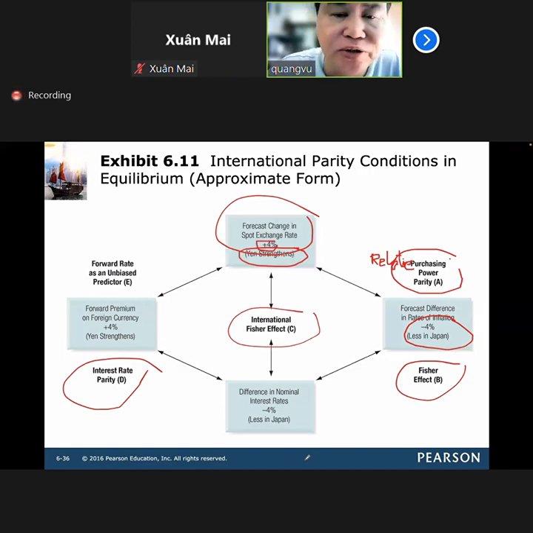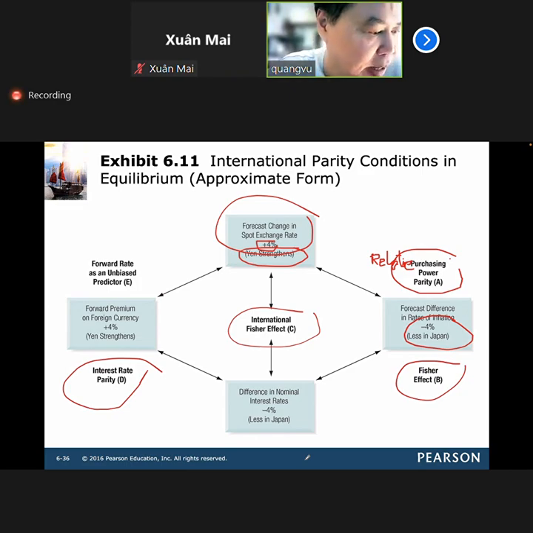Even though inflation in both countries still goes up in the near future, inflation in Vietnam goes up 4% more. And then, bingo. Now you can predict the Vietnam dong currency is going to be depreciated in value, go down in value by approximately 4% against the US dollar.